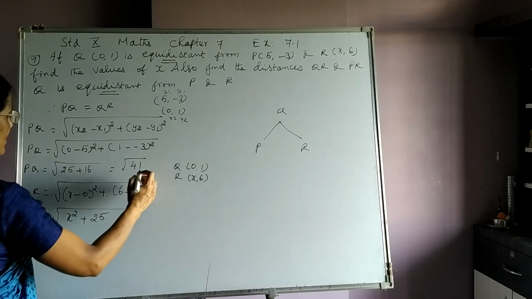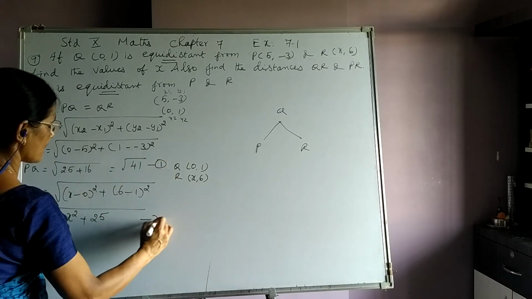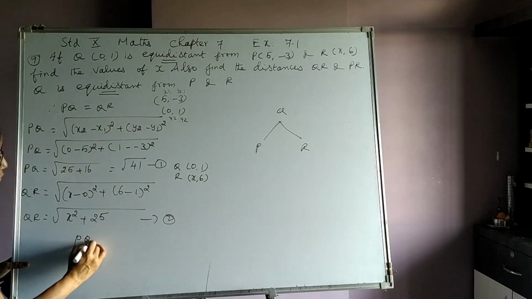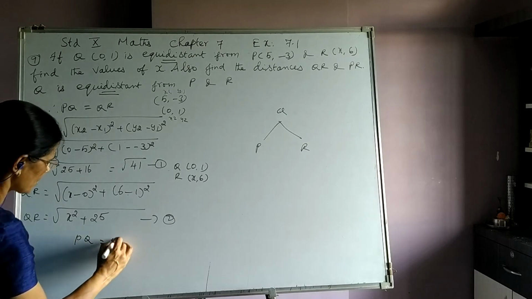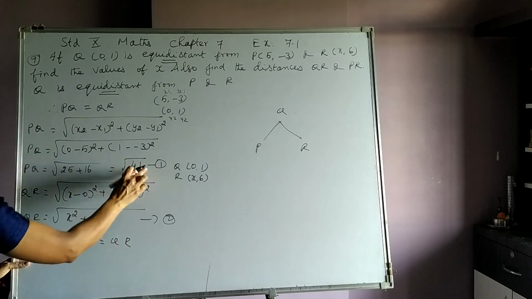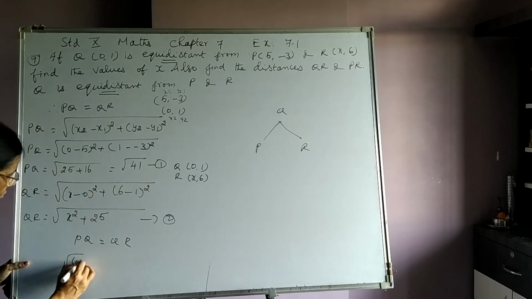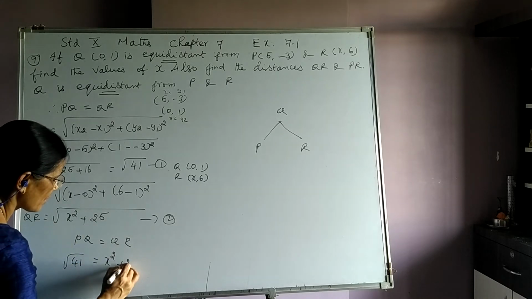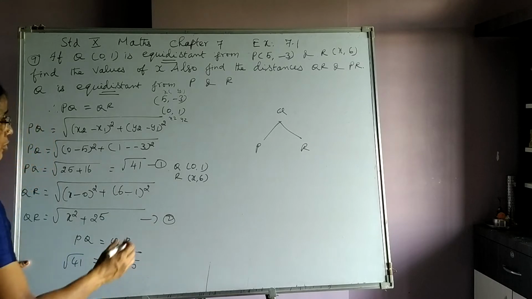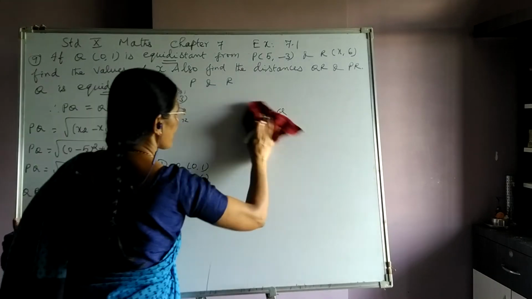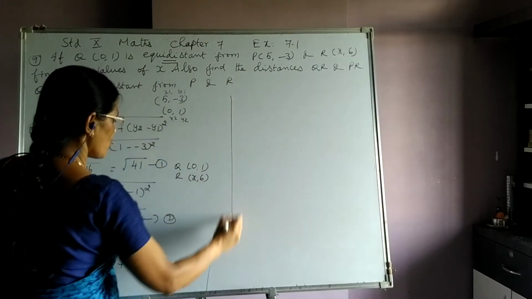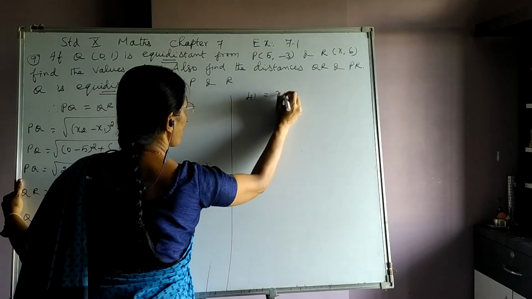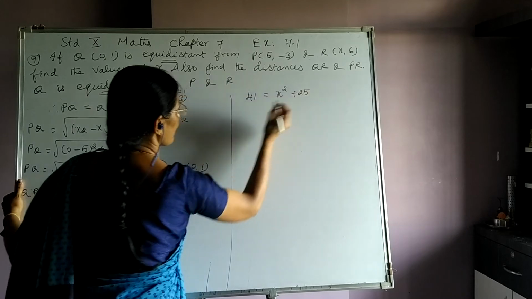So this is my first result and this is the second result. We are given PQ is equal to QR. What is PQ? We have found it is root of 41. What is QR? We have found root of x square plus 25. Both are under the root. So to remove the root, we take square on both sides. The root gets eliminated. We get 41 is equal to x square plus 25.